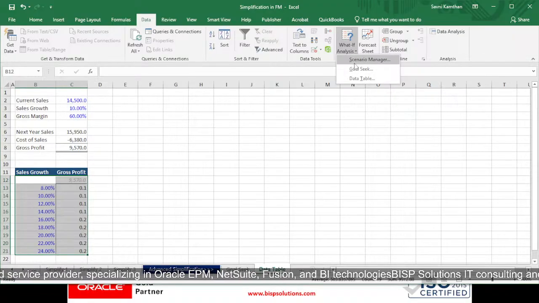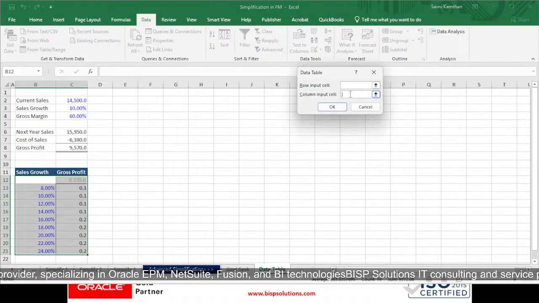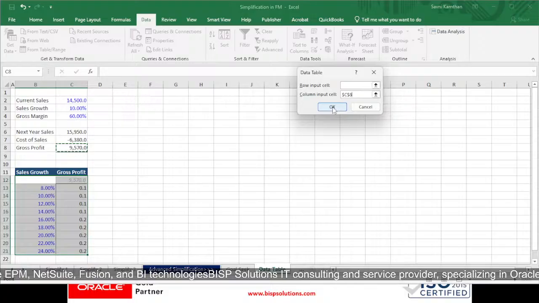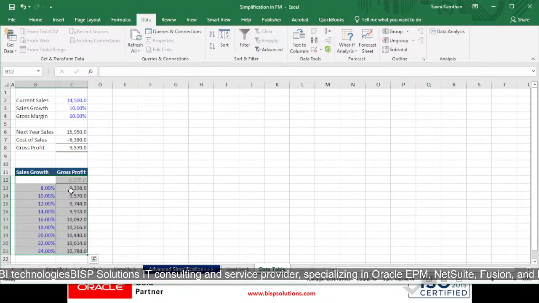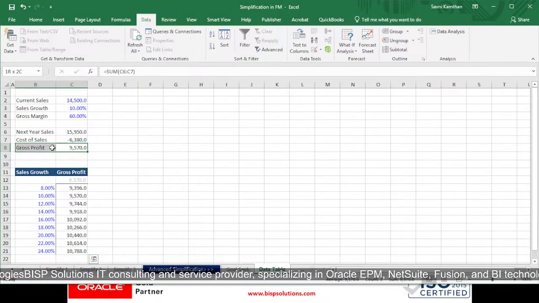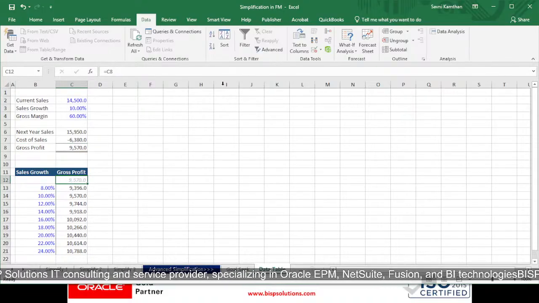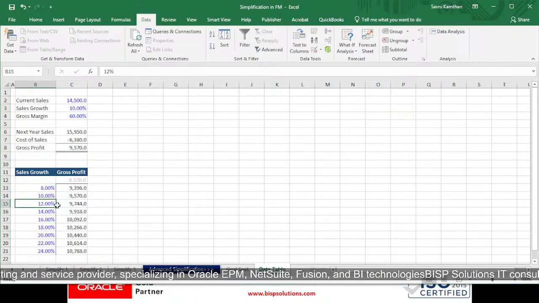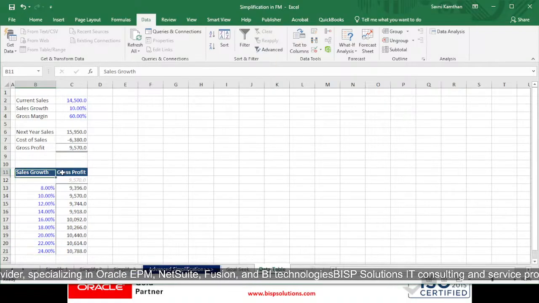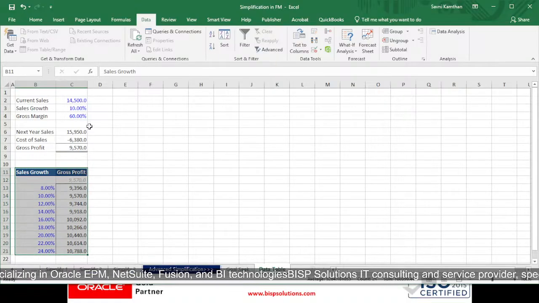It is not right. Now what we will do is select our sales growth and click OK, and then it will show it. Because gross profit is already with us, we have to understand sales growth. So at different sales growth, the gross profit is this much. This is how we make a data table.